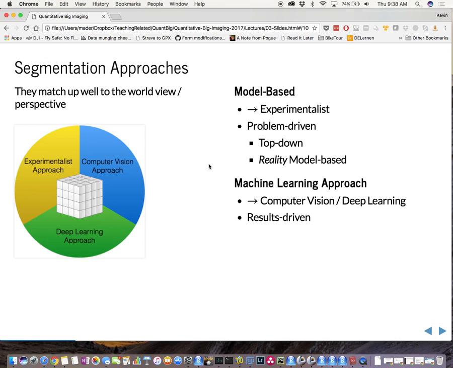So when we look at segmentation approaches, we go back to the worldview that we introduced in the first lecture. We have this experimentalist approach where it's very much model-based, and presumably most of you fit into this category fairly well. You have some sort of model of the system that you're looking at, and you want to get the image to fit into the model.